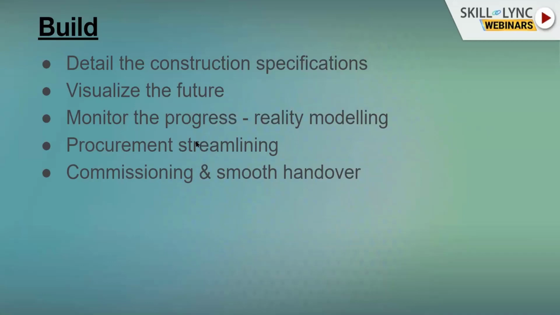All of this can be done by monitoring the progress through reality modeling. What is the stage now, and it will be extrapolated against whatever exists in the present planning structure, right? Even procurement streamlining, then commissioning and smooth handover. In all these phases of the build phase of developing a factory or an asset, digital twin can come into the picture. So shall we move forward?